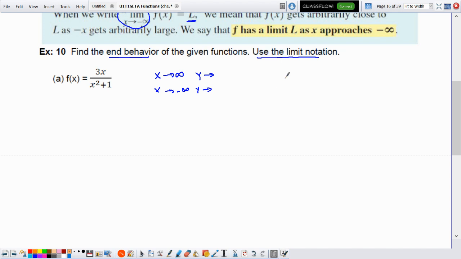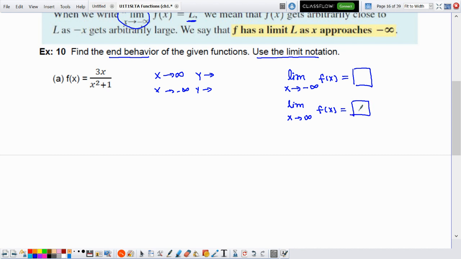So let's first understand how we write the limit notation. I'm just preparing the format. Limit as x approaches negative infinity, where is f of x going, and limit as x approaches positive infinity, where is f of x going. We need to get these two answers.